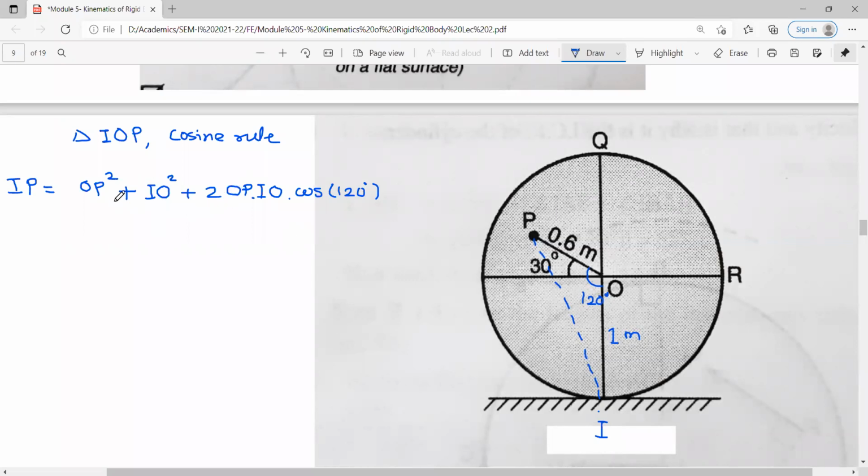Sir, minus will come, I think. It is minus, right? Yes, sir. Yes, it is minus. So hold this under square bracket, under root, square root, and here minus will come. Correct. So I hope you are getting the cosine rule. So tell me what is the value of IP then?